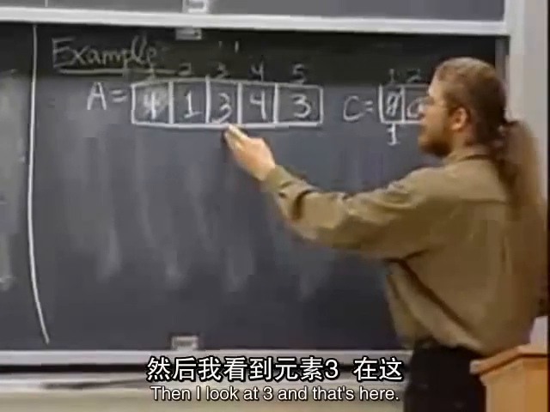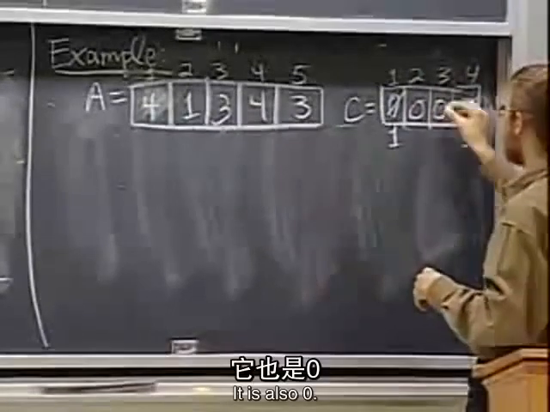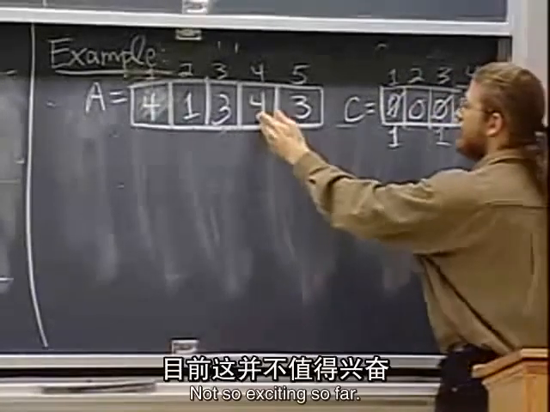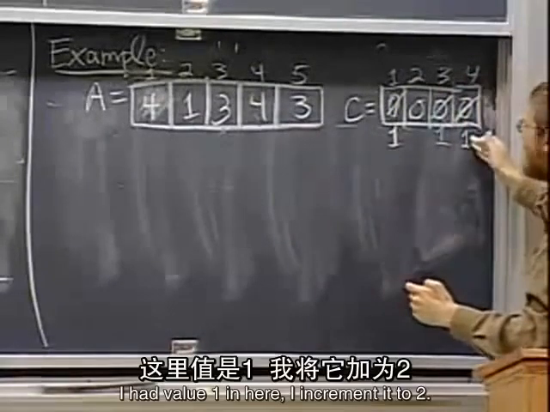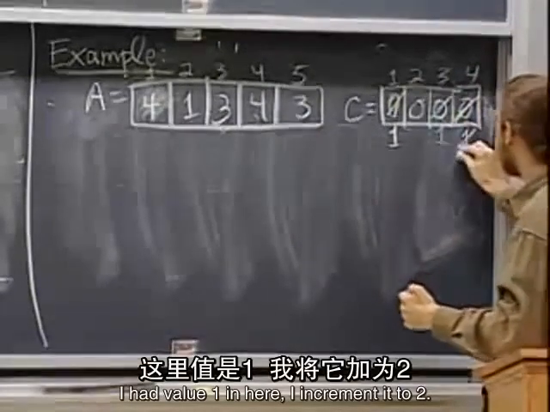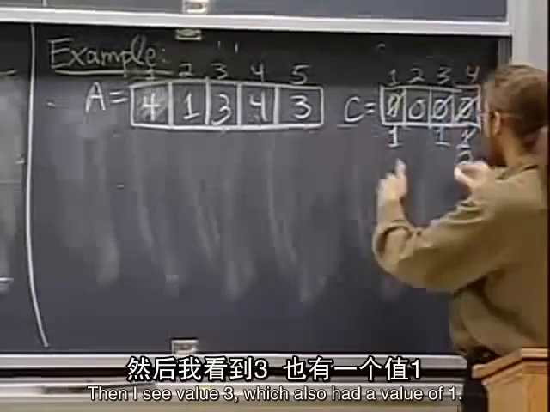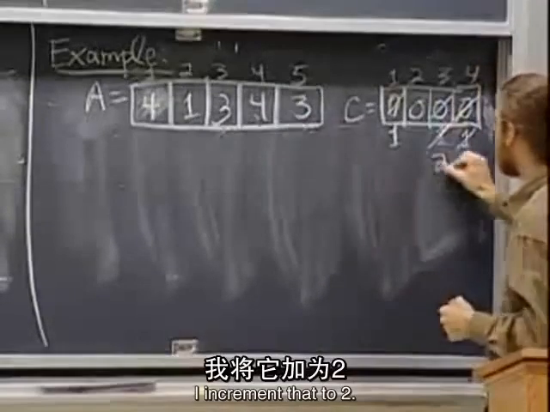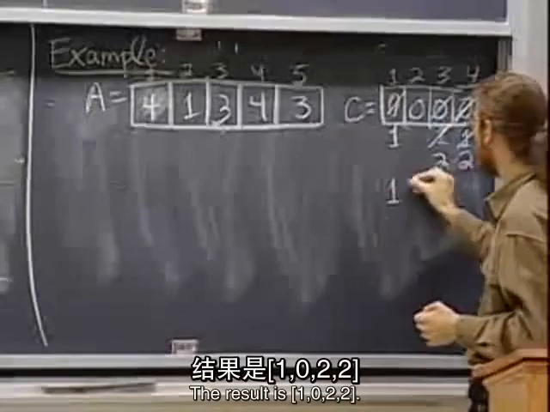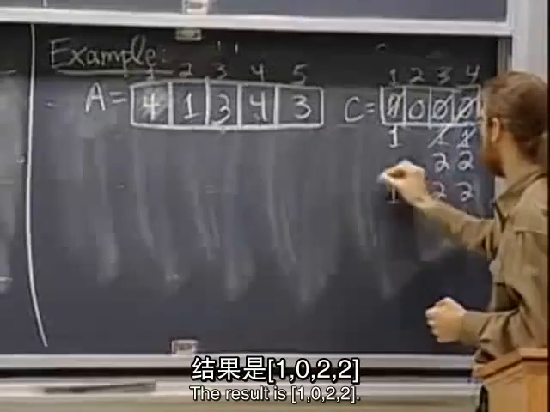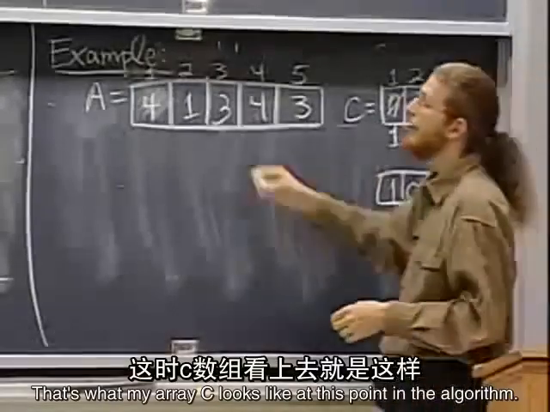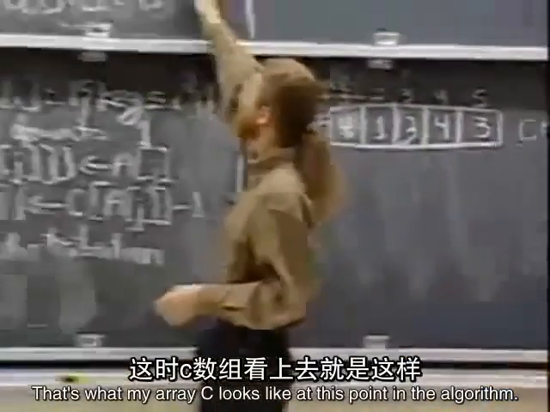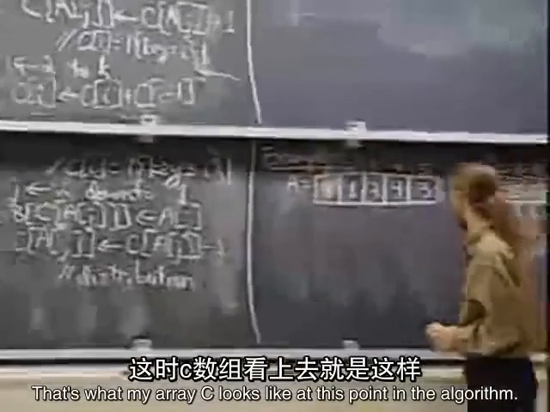Then I look at 3, and that's also 0, I increment to 1. Not so exciting so far. Now I see 4, which I've seen before. How exciting. So it had value 1, and here I increment it to 2. Then I see value 3, which also had a value of 1, increment that to 2. So the result is 1, 0, 2, 2. That's what my array C looks like at this point in the algorithm.